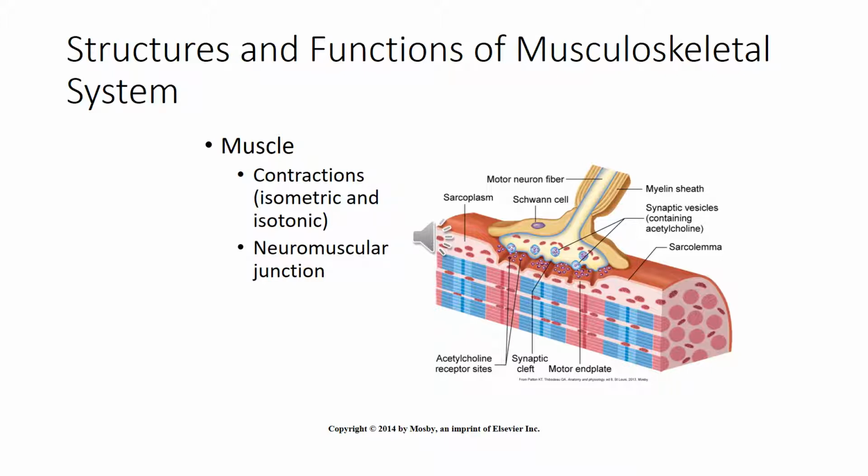Now, the neuromuscular junction: skeletal muscle fibers require a nerve impulse to contract. Acetylcholine is released from the presynaptic neuron and diffuses across the neuromuscular junction to bind with receptors on the motor end plate of the muscle.